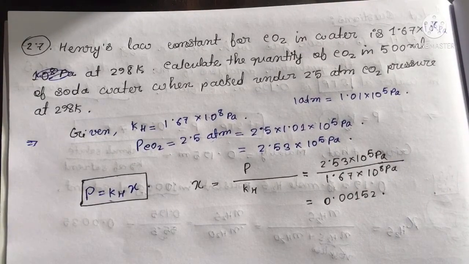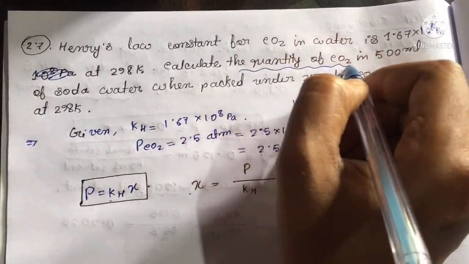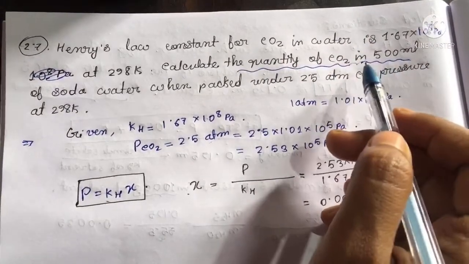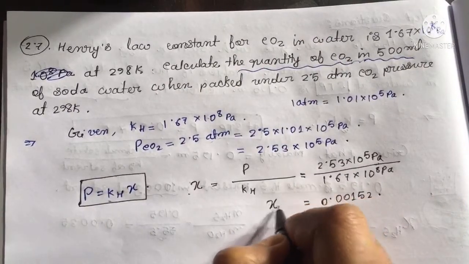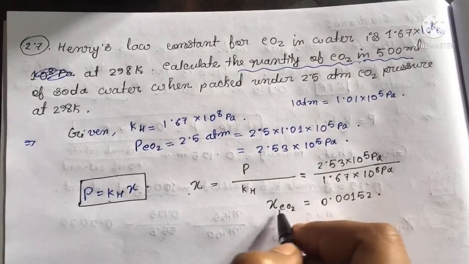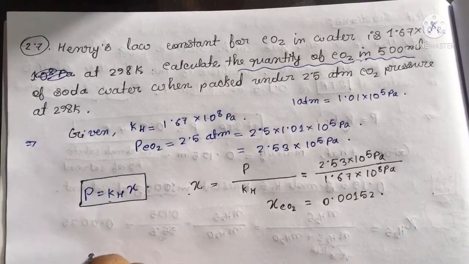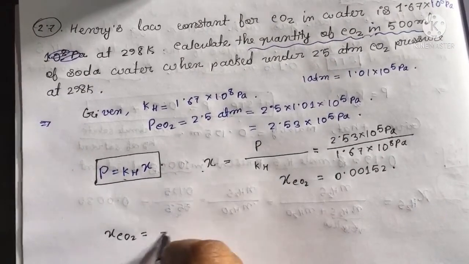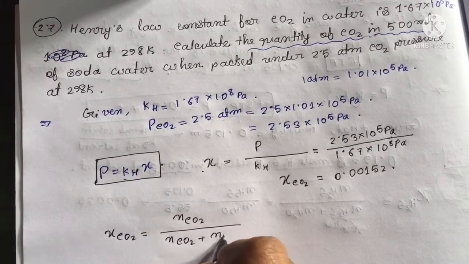Now, what do we have to calculate? We don't have to calculate x. We have to calculate the quantity of CO2 in 500 ml. We got the value of x CO2, the mole fraction of CO2. And x CO2 means n CO2 divided by n CO2 plus n H2O.